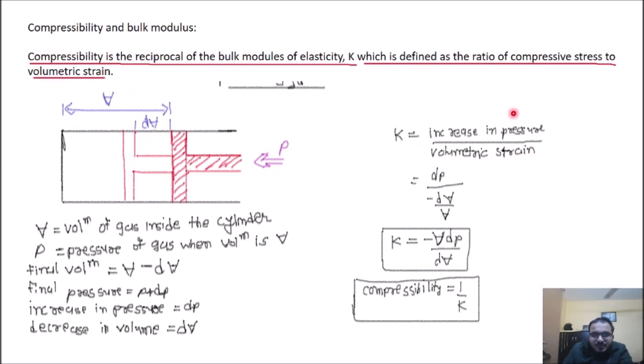So K is defined in this way, and we took an example of a piston cylinder arrangement to explain this part. This is a process of compression where pressure is increasing and volume is decreasing. So the increase in pressure is dP and volumetric strain is minus dV upon V. This is the value of bulk modulus, and its reciprocal is known as compressibility.